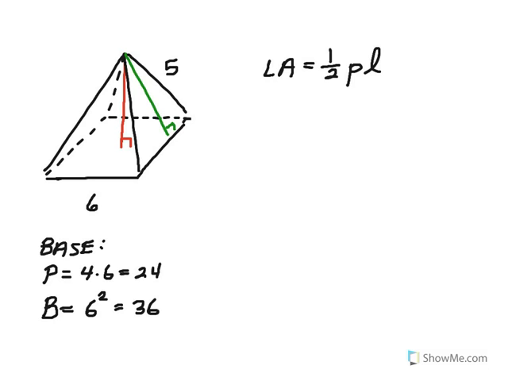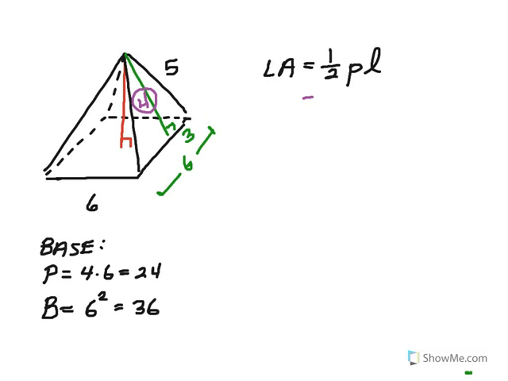Now, I know since this whole side of the square is 6, that half of it is 3, because I know the altitude where the slant height line is hits the midpoint of that base edge. So I'm looking at that little isosceles triangle, and I have 3, blank, 5. So I know that the slant height now is 4, that's a 3, 4, 5 Pythagorean triple.